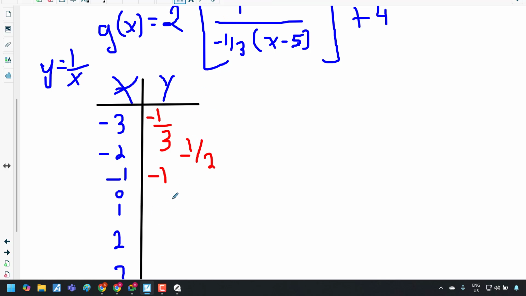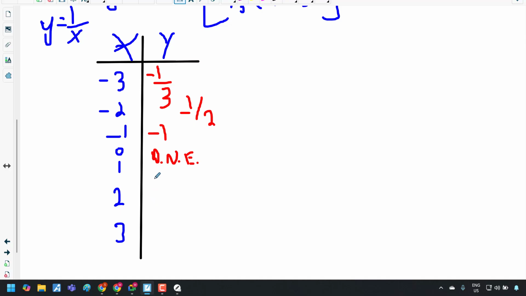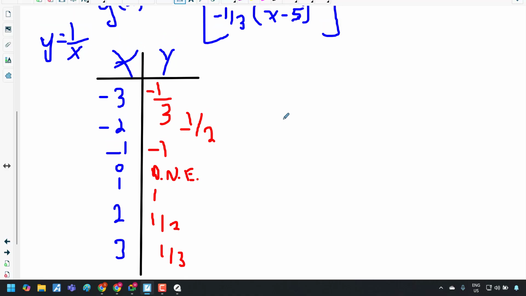I can write does not exist when you have an x value of 0, because you can't divide by 0. That's not a point that exists. Then 1, 1/2, 1 over 3. Okay, so go ahead and copy that down.